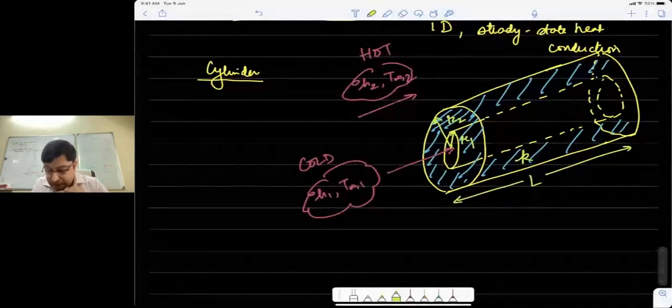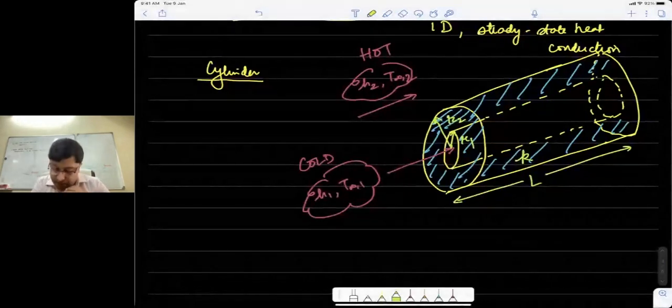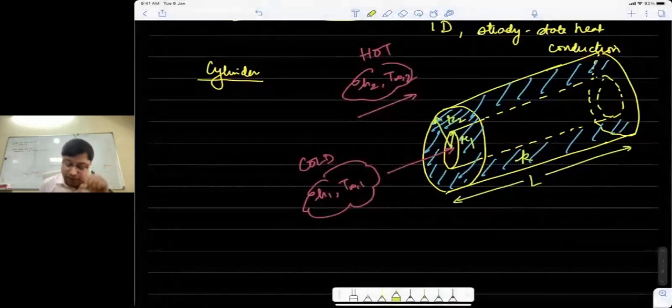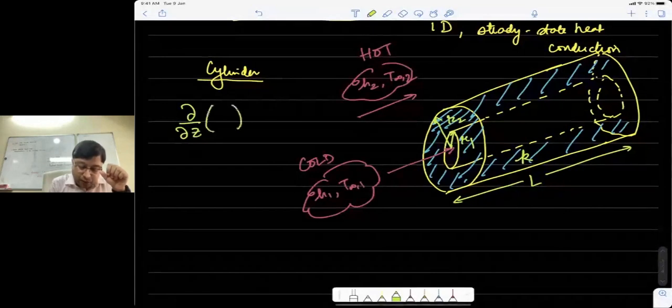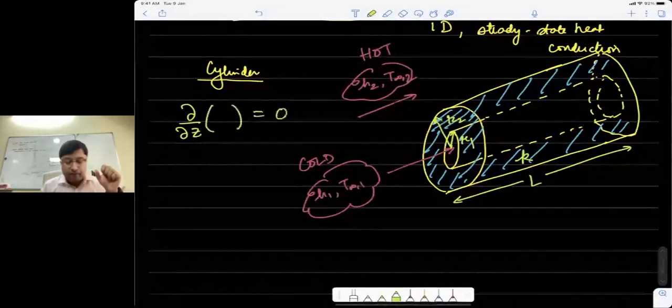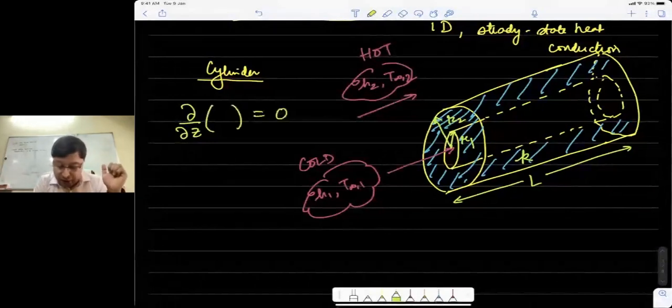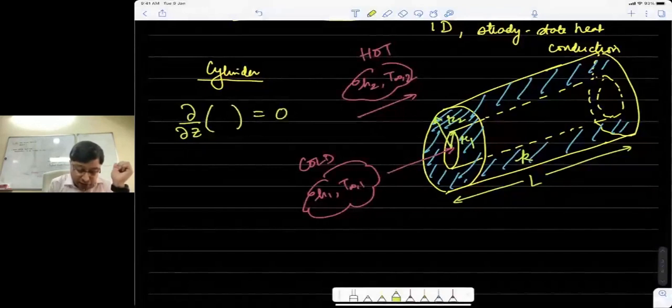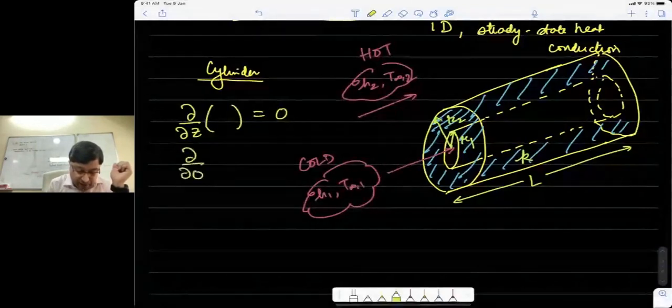So I'm going to say this is a very long cylinder, so that the length is much larger as compared to the radii. What that will allow me to say is that the gradients of any property along the z direction are zero, because it's so long that you don't see any change along that direction. We will also assume axisymmetry, which would mean that d by d phi, or changes along the angular direction, are also zero.